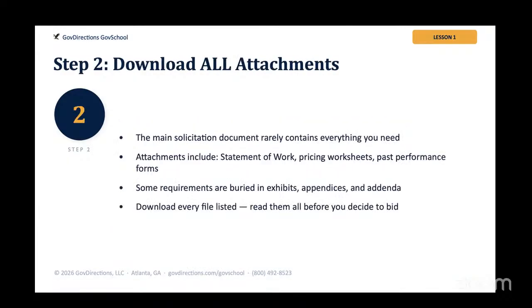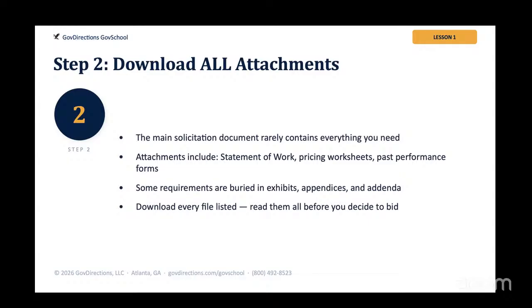Download all attachments. Oh gosh, the last thing you want to do is forget to submit an attachment or an addendum. So always check right before you submit that you've got everything in the right way. This happened to a customer the other day where you saw the addendum first, but then buried in the addendum was a new worksheet that had to be completed, and they didn't replace the worksheet.